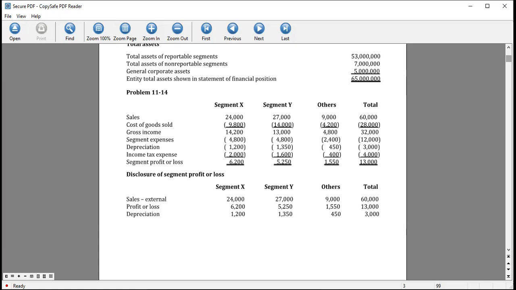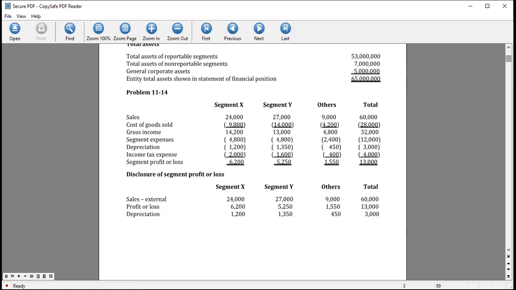So we have sales of 60 million, then expense cost of goods sold 28 million, gross income 32 million. We have segment expenses equals 12 million, and depreciation of 3 million, income tax expense of 4 million.